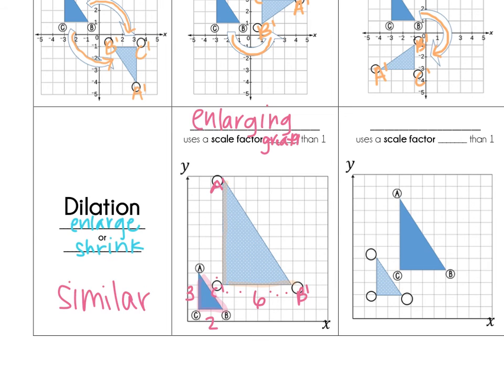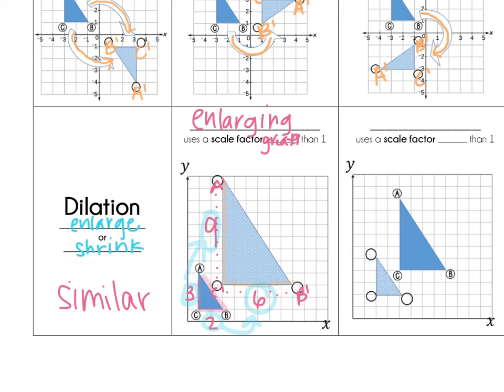And this one is 1, 2, 3, 4, 5, 6, 7, 8, 9. So notice the change from 3 to 9, and then from 2 to 6. So it's getting bigger. See if you can figure out by how much bigger.